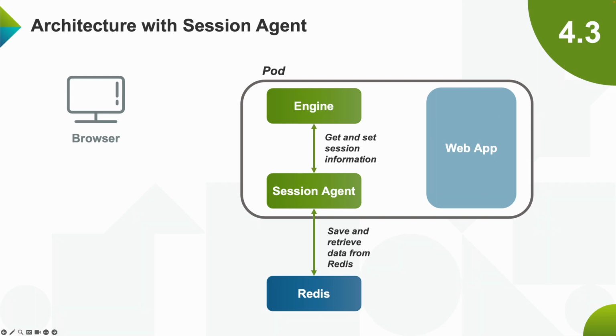The engine container connects to the session agent and gets and sets session data. The requests and responses are still processed as before. Transparently, the engine container persists the data through the session agent in Redis.